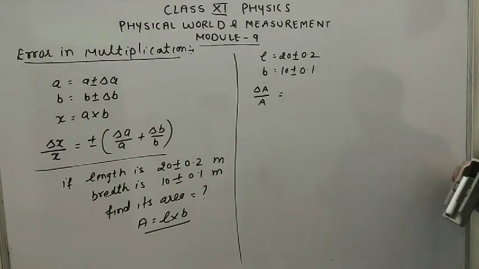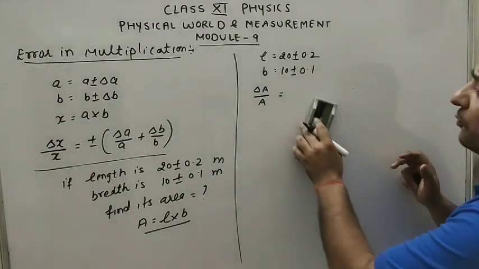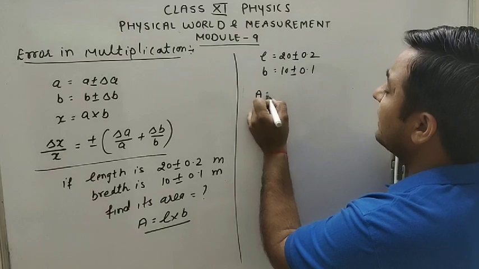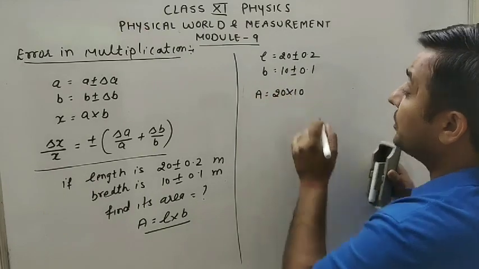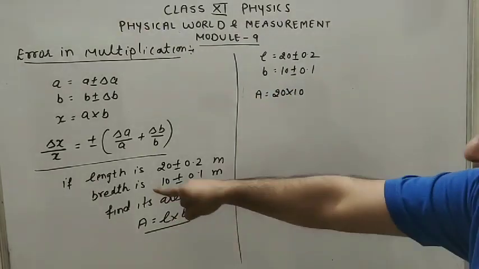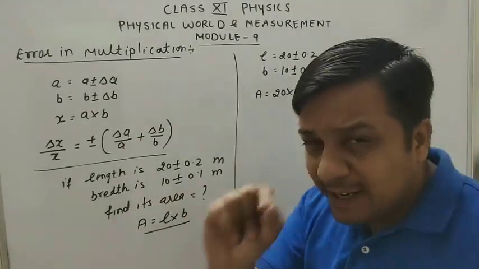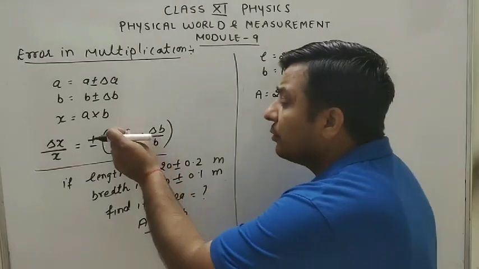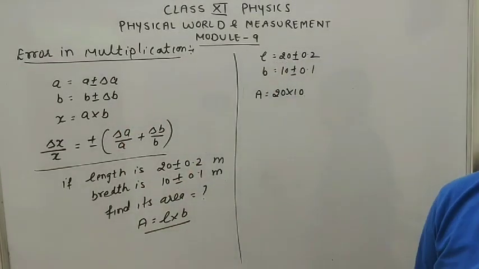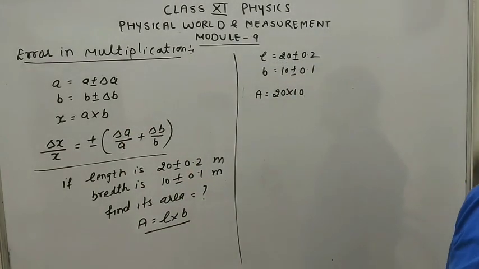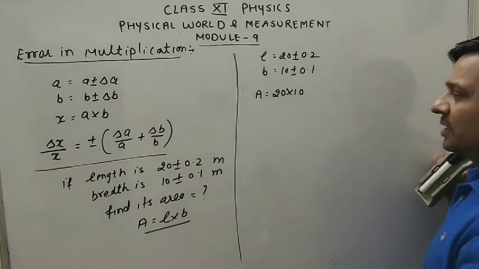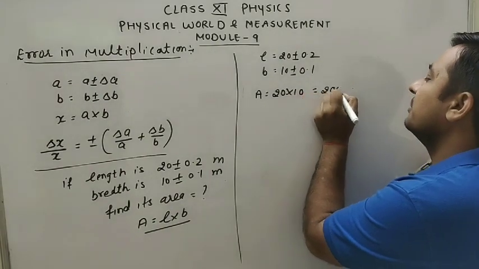And area, you know area is length into breadth, and if you want to find out simple A, that is equal to length 20 into 10, because in simple A, no error will be added, no error will be included. Error will be included only in this portion. So this is the very important point. So that is equal to 200 meter square.